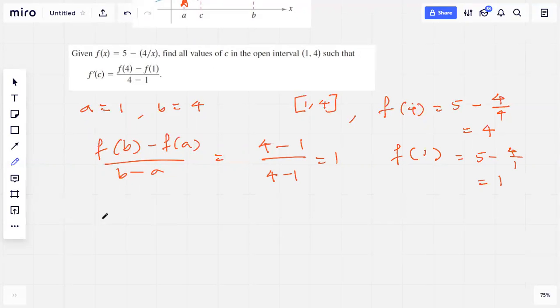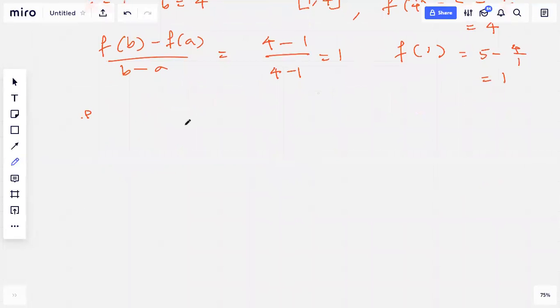Okay, now we need to equate this 1 with the f prime of c. So what is f prime of c? Let's calculate the derivative of the function. f of x is equal to 5 minus 4 over x. f prime of x is equal to 0 minus 4 times x to the negative 2.